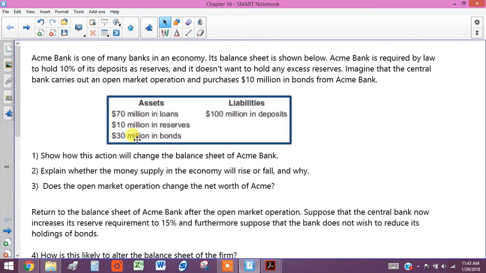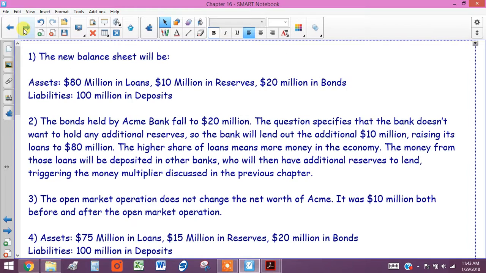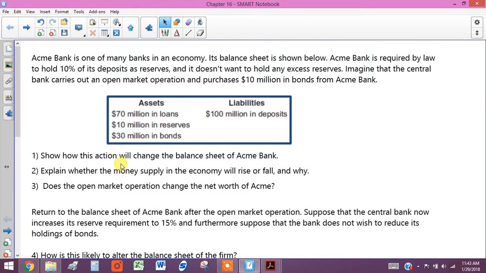So their balance sheet should look like this. Their assets are going to be 80 million in loans, 10 million still in reserves. Their bonds are going to go down to 20 million, and their liabilities are going to remain at 100 million in deposits.